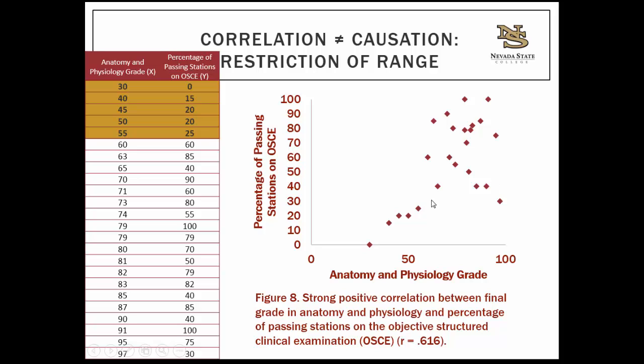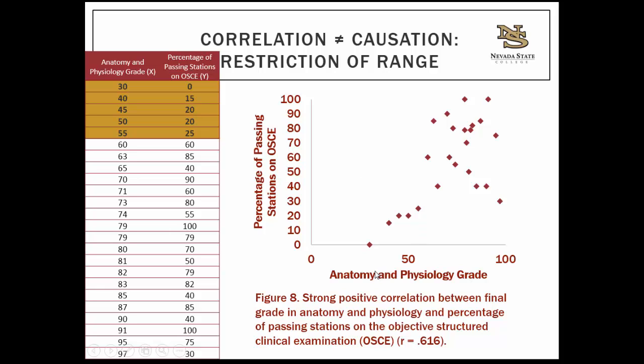This is also something that you see in industrial organizational psychology. I'm an IO psychologist, so I like to bring up work-related examples. So let's say that we're looking at the relationship between a selection test and performance. Well, typically, we aren't going to hire people who do poorly on the selection test, so we wouldn't have those low scores, so we wouldn't be able to compare the performance for people who scored low on the selection test.